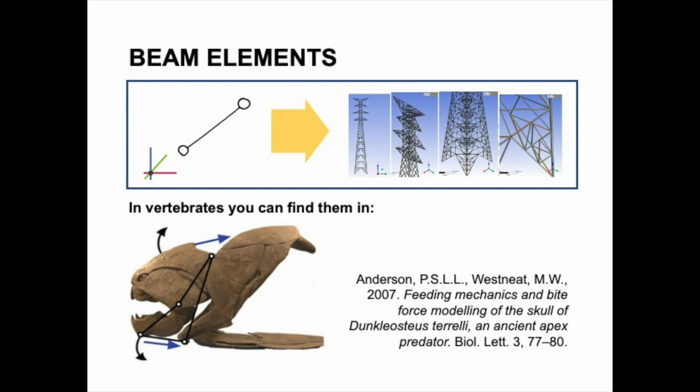First of all, the beam element. You use them when your geometry is aligned and you are working in 3D space or in 2D. You define them by creating the mesh of the elements in this line and defining a cross-section. You can see an example of their use in Anderson et al. 2007, where they simplified the skull of a fish into a linkage of 4 beams.